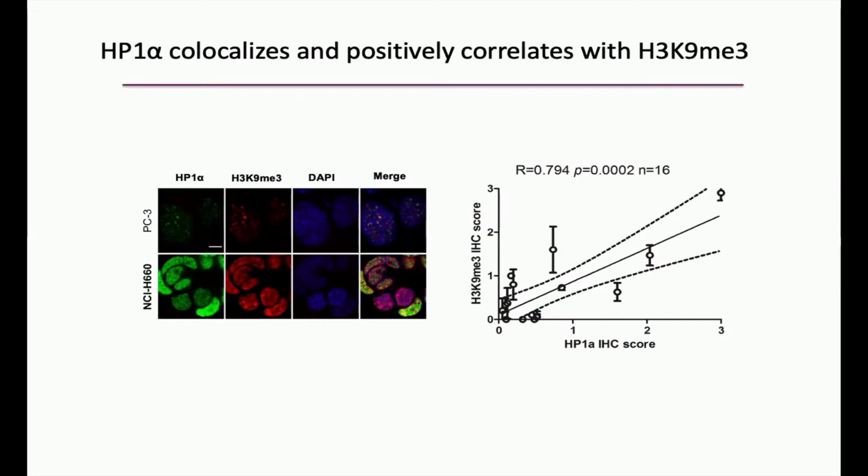As I mentioned earlier, HP1 alpha is known to recognize a histone marker, H3K9 trimethylation. Xinpei did colocalization of HP1 alpha with H3K9, and she found that they truly correlated with each other in NEPC, but not in adenocarcinoma.